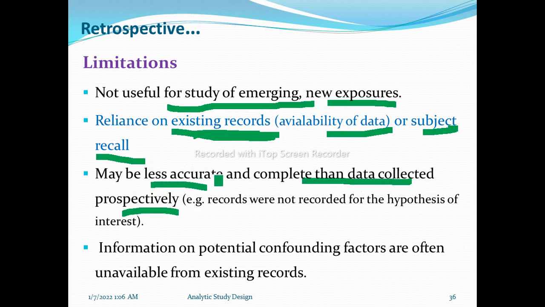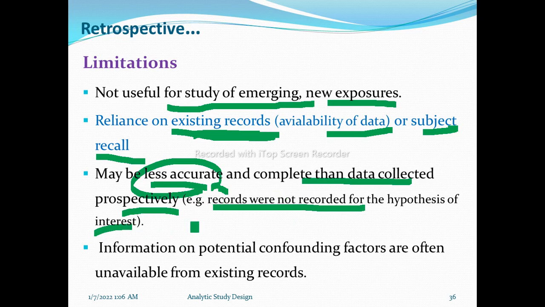Since the information is filled in by someone other than the investigator, this information may not be accurate, maybe not complete. Records were not recorded for the hypothesis of interest. Yeah, so this will affect.